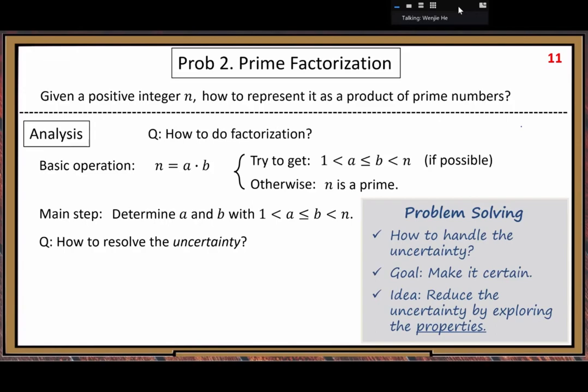Question: what do you mean in this context by uncertainty? Because I'm coming from a physics background, so I'm thinking of a specific meaning. Yeah, in physics you have some very specific meaning of uncertainty, but here we talk about the general meaning, not a special meaning.